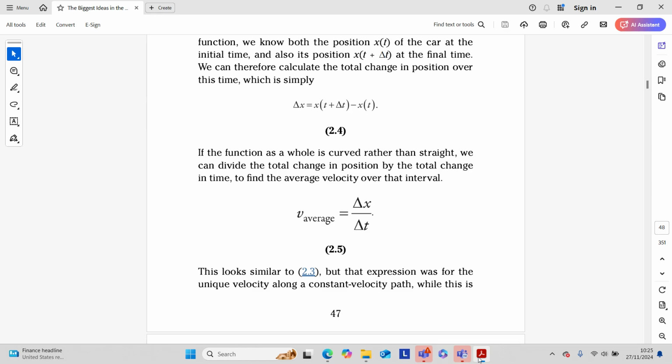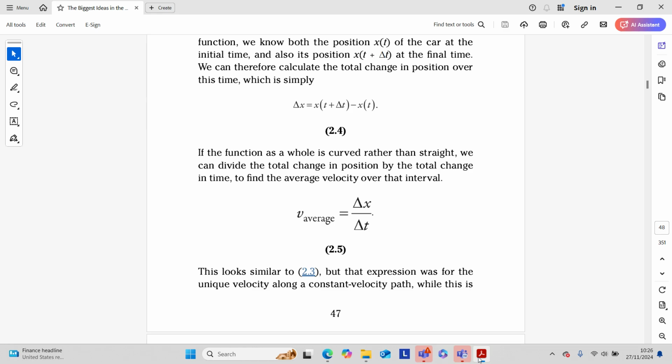We can therefore calculate the total change in position over this time, which is simply Δx = x(t + Δt) − x(t). If the function as a whole is curved rather than straight, we can divide the total change in position by the total change in time to find the average velocity over that interval, or v average = Δx/Δt.